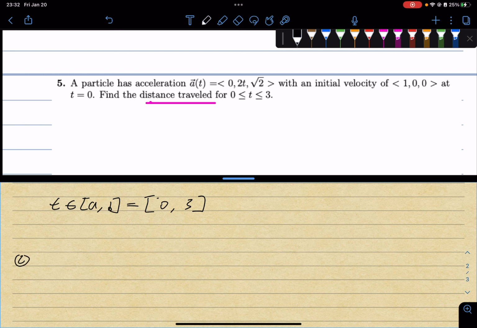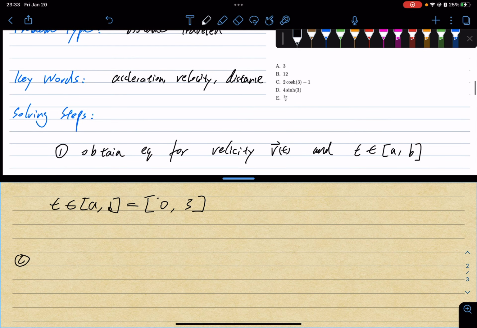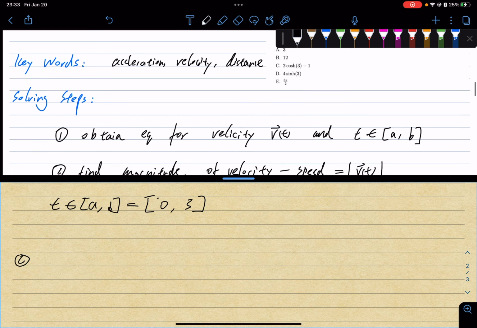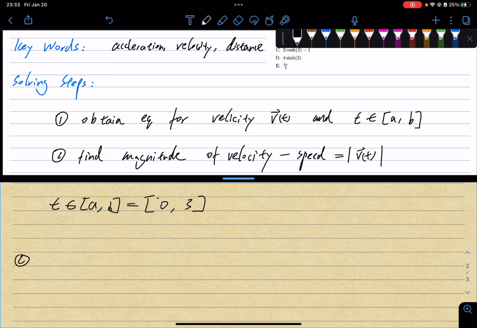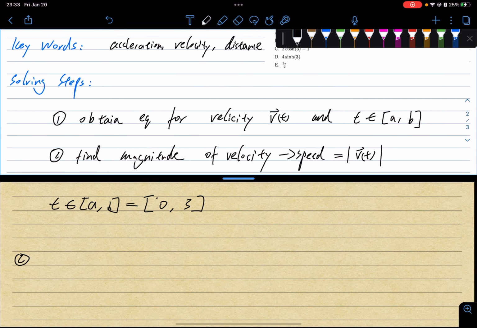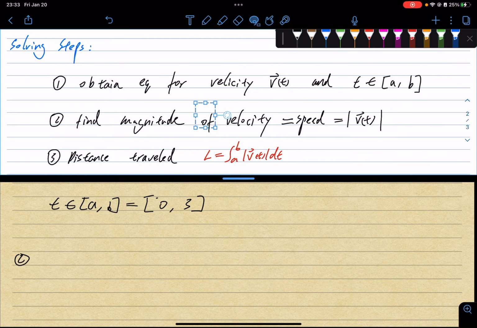Step 2. In step 1, we obtained the equation for v of t, and we also have the range of t that we're going to integrate over. The second thing is to find the magnitude of velocity, which is the speed. I'm going to rearrange this a little for ease of reading.